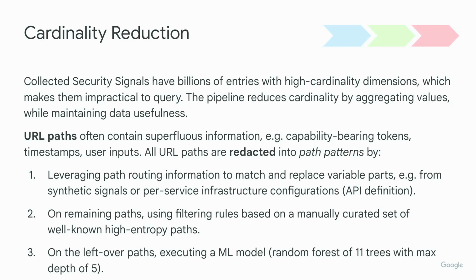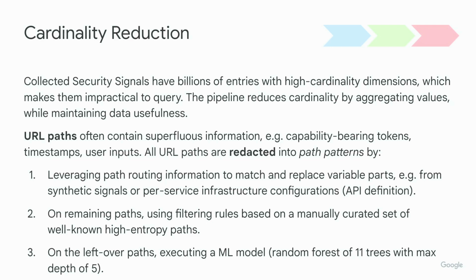We have a 3-step algorithm. The first step is where we are using our auxiliary data. In this case, we are using information about the API from our web API definition and all the configuration information which we have. It tells us, in a given path, which components of that path are variable parts, which ones are carrying any identifier, and then we can essentially replace that with a placeholder.